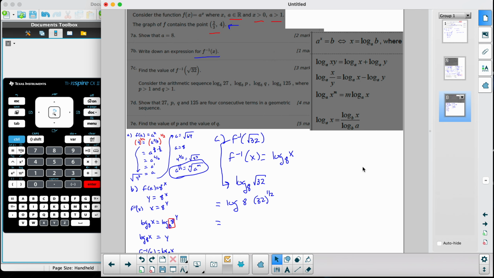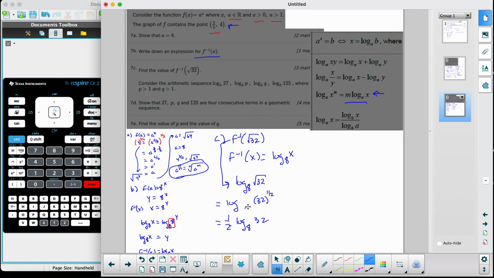Okay, the rule I'm going to use here is, because it's an exponent, I'm going to move the 1 half in front of the log. So this becomes 1 half log base 8 of 32. And that 8 is a little high. It's a base.